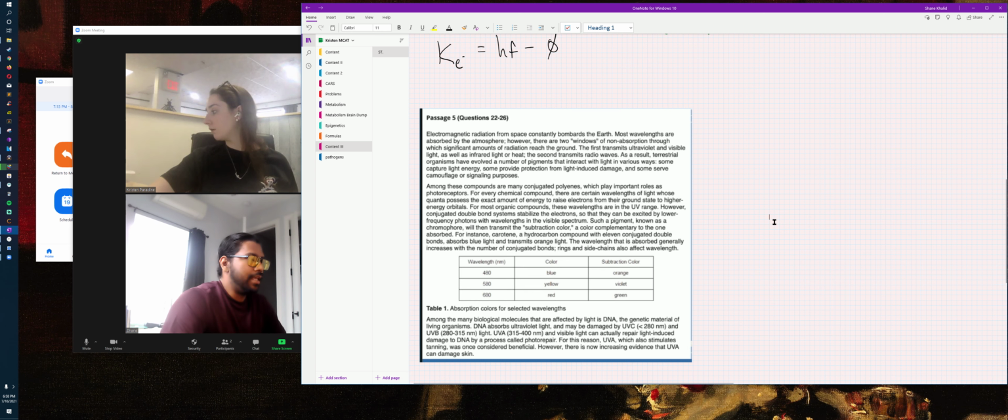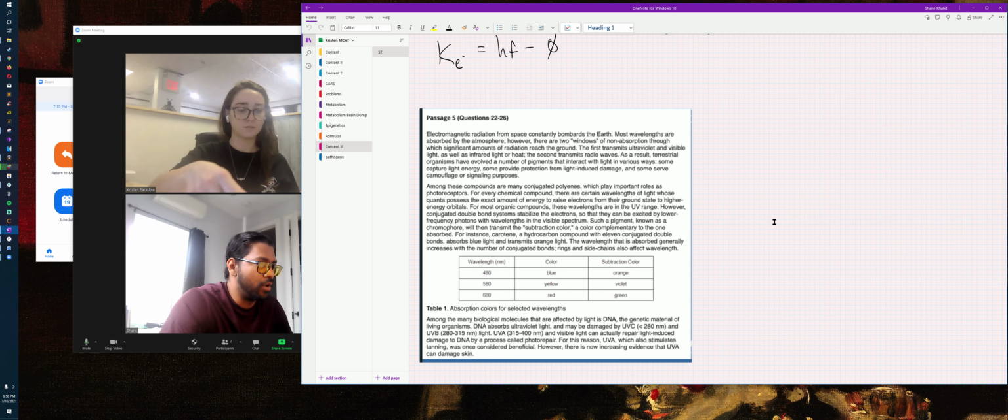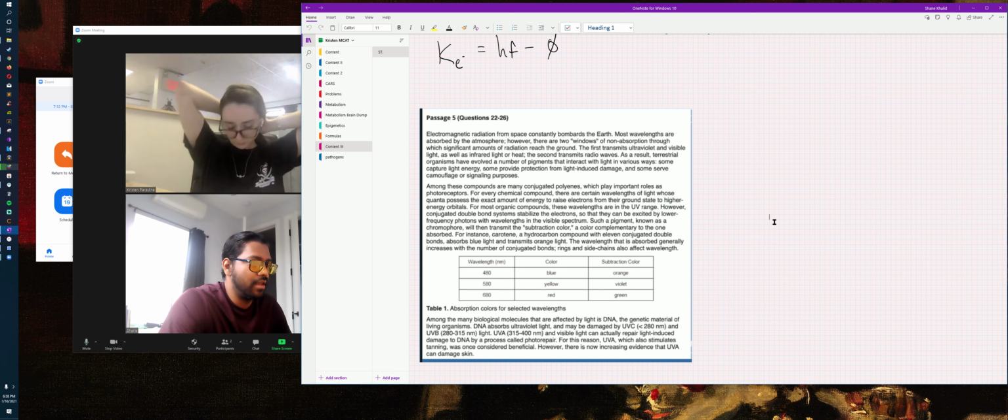Yeah, I added it to the notebook. So basically, they're saying that conjugated double bond systems stabilize the electrons, so they can be excited by lower frequency photons with wavelengths in the visible spectrum. So such a pigment, also known as a chromophore, can then transmit the subtraction color, which is a color complementary to the one absorbed. The example they give is carotene, so that has 11.